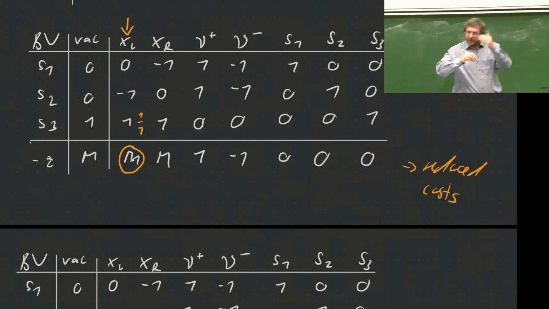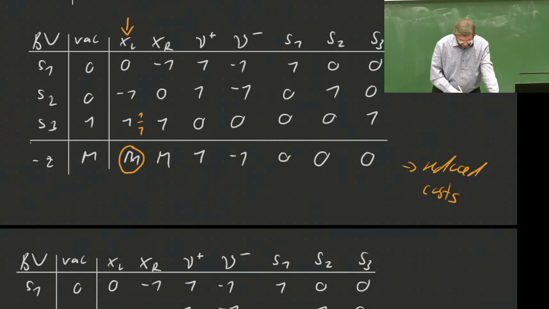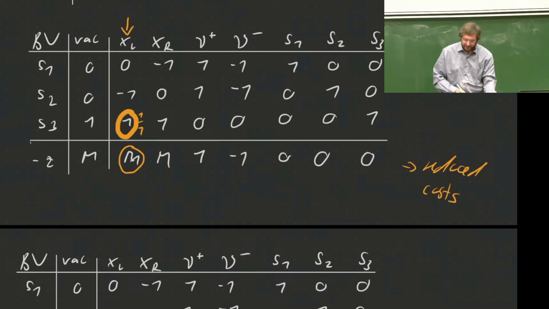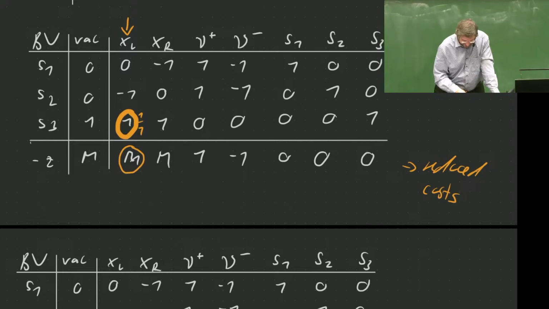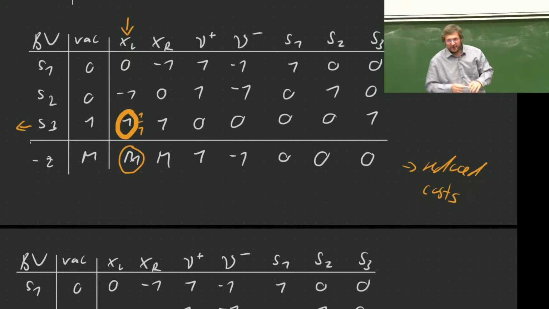If we had more than one choice, we compute that ratio and choose the one with the minimum ratio, because that's the first one that will stop us, basically. Okay, so this here is going to be our pivot element for the next simplex step. And that means the corresponding row here contains the variable that will leave the basis. So S3 will leave the basis at this point. And that looks good. We wanted S3 out anyway, right?